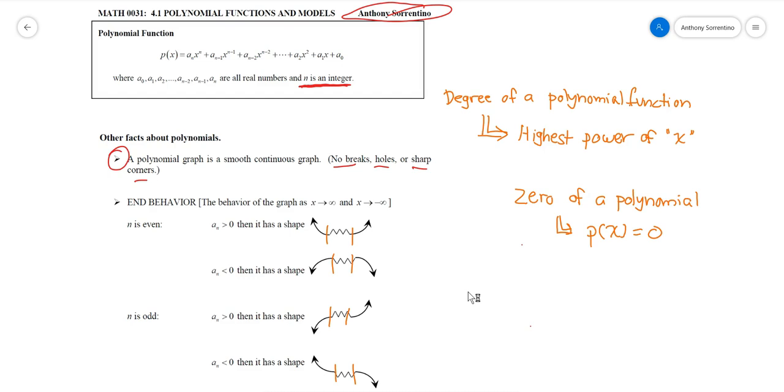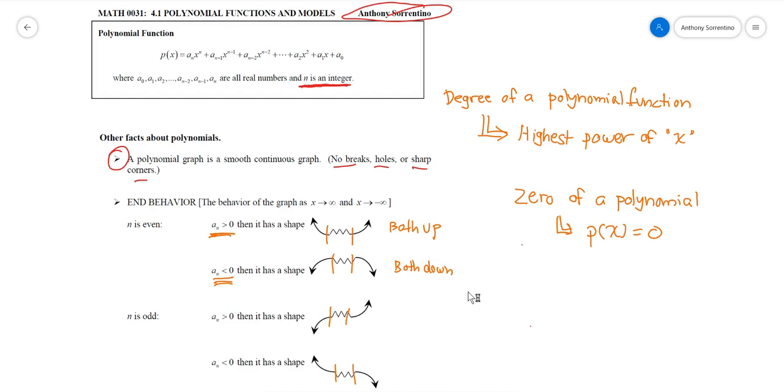So here they're both up, here they're both down. So the end behavior for an even degree polynomial is both ends pointing in the same direction. It's up if the leading coefficient is positive, and down if the leading coefficient is negative.